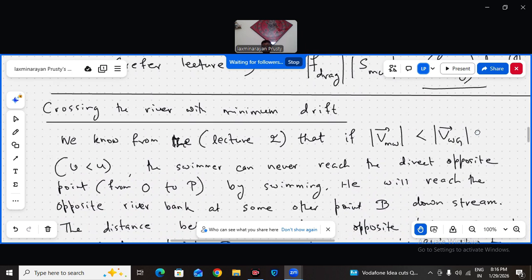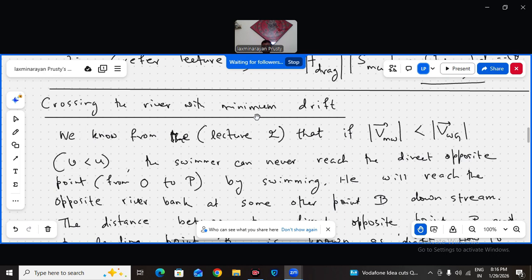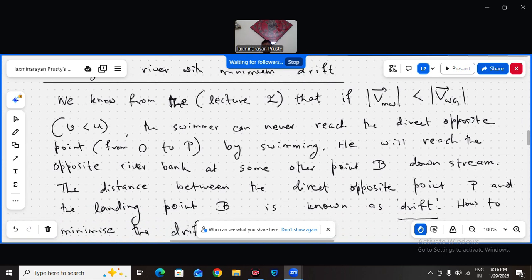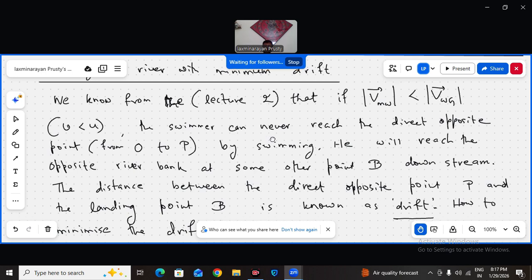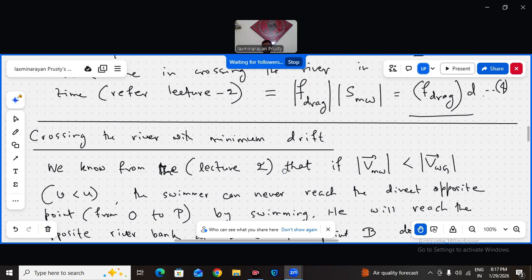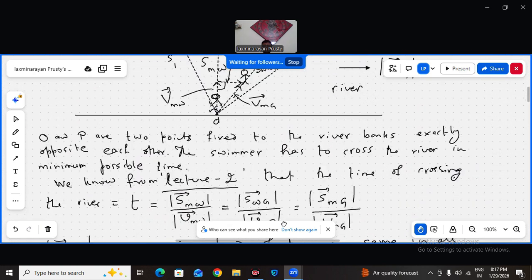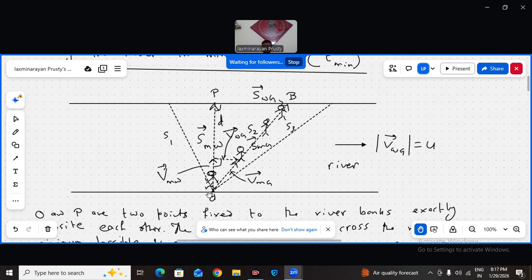Okay. So now the second point, we are crossing the river with minimum drift. We know from lecture 2 that if VMW is less than VWG, that means the swimming speed is less than the river water speed, that is V is less than U, the swimmer can never reach the direct opposite point. Yes or no? Only by swimming he cannot reach from O to P, because the triangle will not form such that the resultant velocity is along this direction.